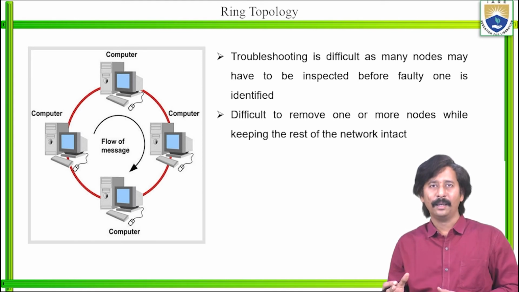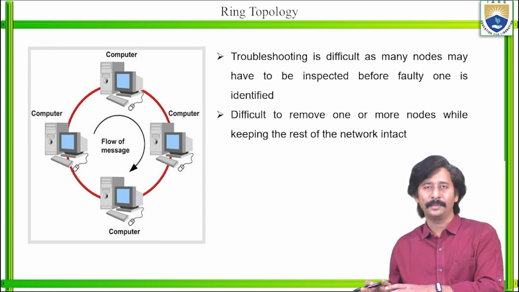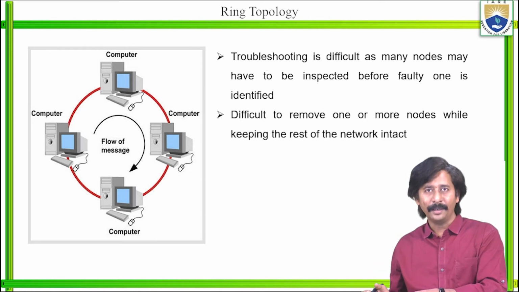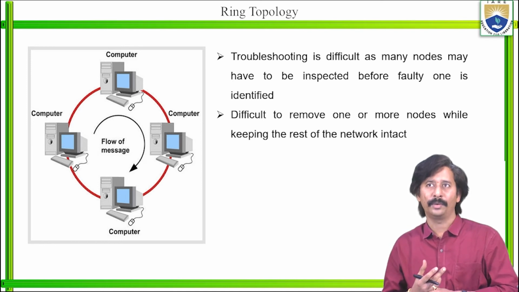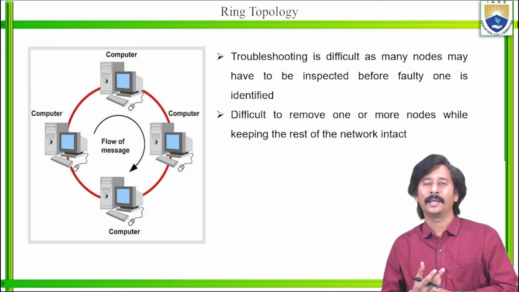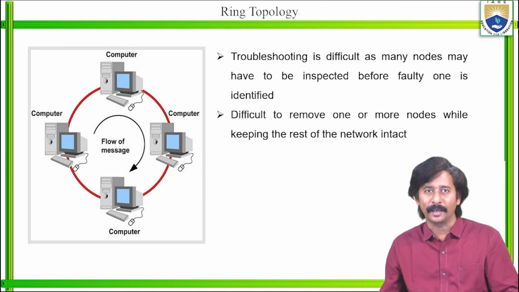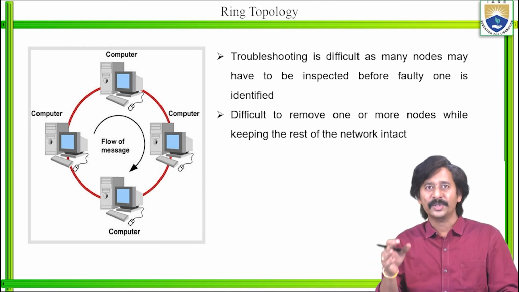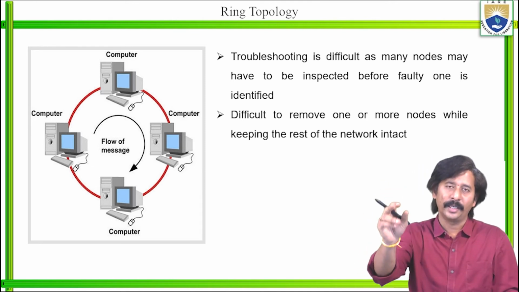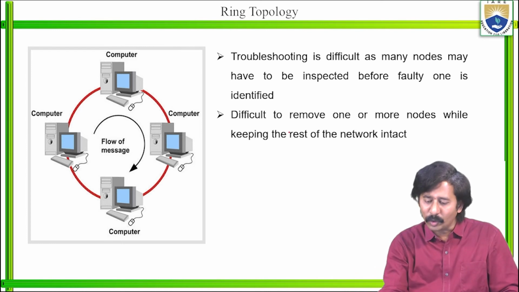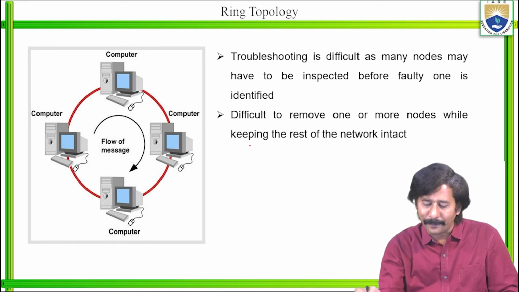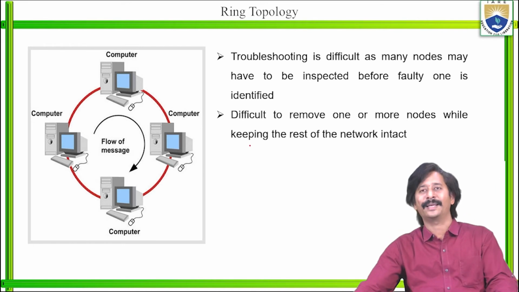Whenever one particular node is faulty, that is not working, how can we identify which one acts as the faulty node? That is very difficult because many nodes have to be inspected, as this is a ring structure. So, we can't directly go and catch that particular faulty node. It is also difficult to remove one or more nodes while keeping the rest of the network intact.